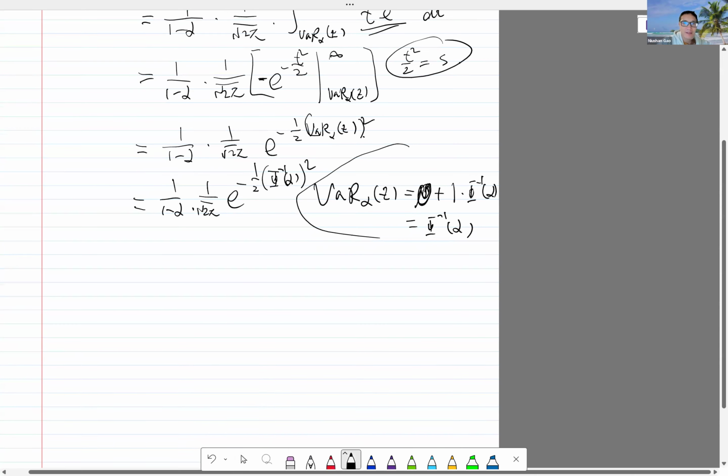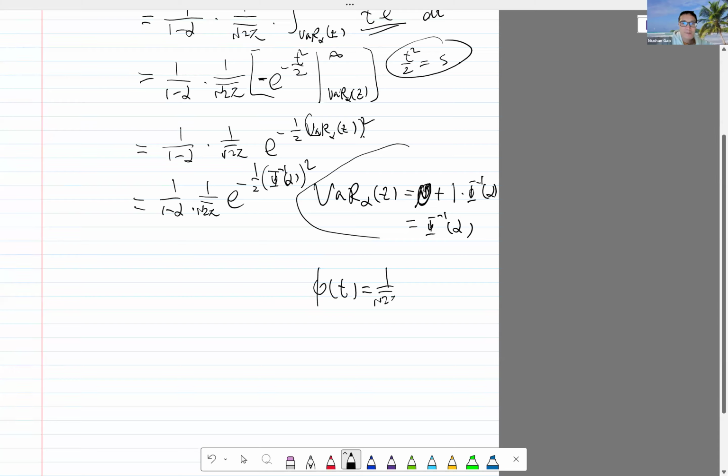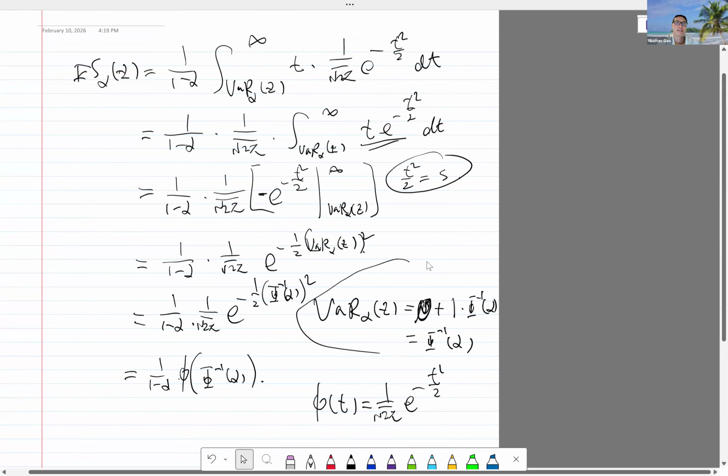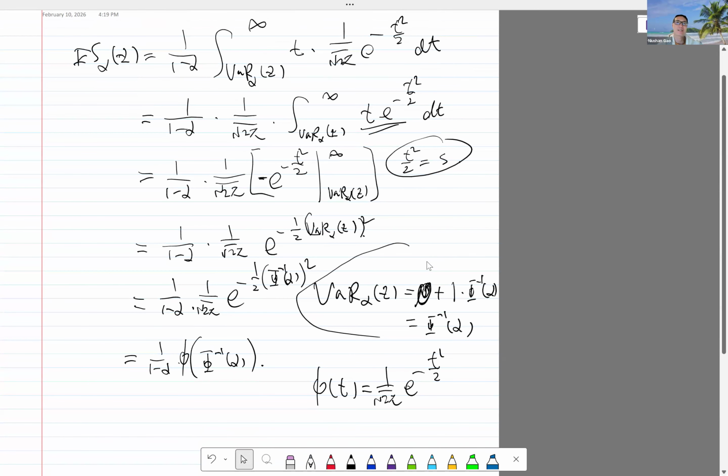If you think about this, what is the density function? So this one can be written as 1 over 1 minus alpha times phi of the inverse of alpha, right? I think it's simpler, right? It's simpler than the other one.